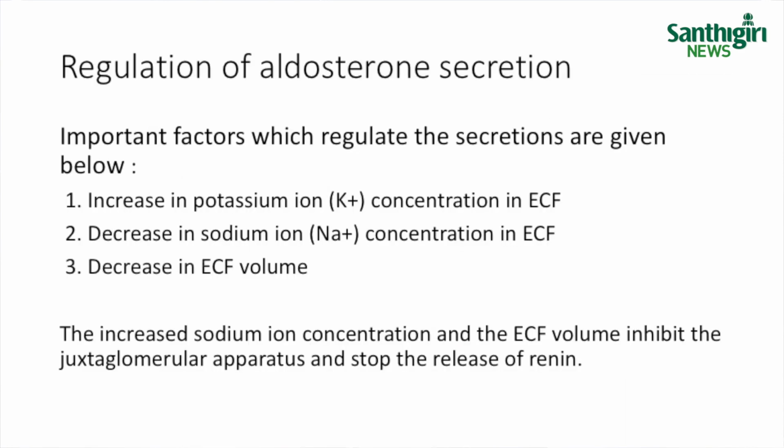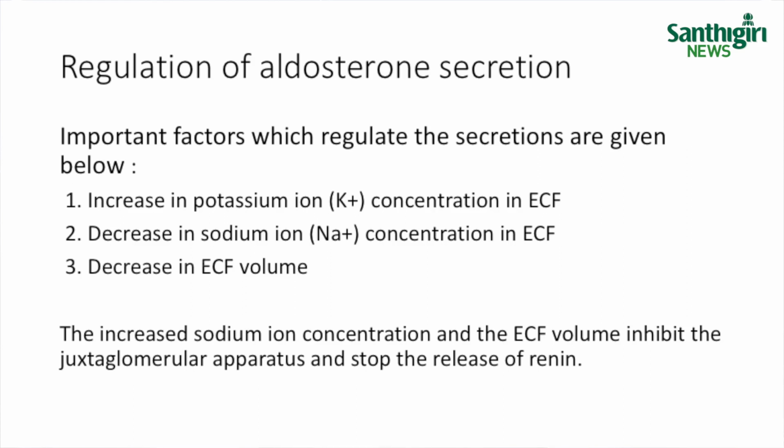Then coming to the regulation of aldosterone, as we have already studied, every molecule in the body, whether a hormone or enzyme, is regulated. Depending on the need, we have to regulate the secretion of aldosterone.